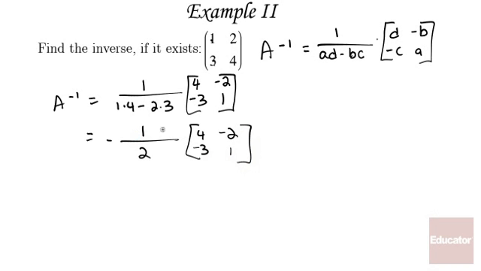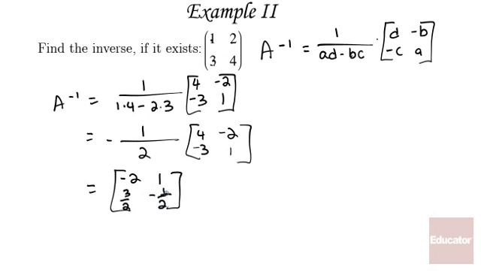Now I need to multiply each element in here by negative 1 half. That gives me negative 1 half times 4, which is negative 2. Negative 1 half times negative 2 is negative 2 over negative 2, which is 1. Negative 1 half times negative 3 is positive 3 halves. And negative 1 half times 1 is negative 1 half.